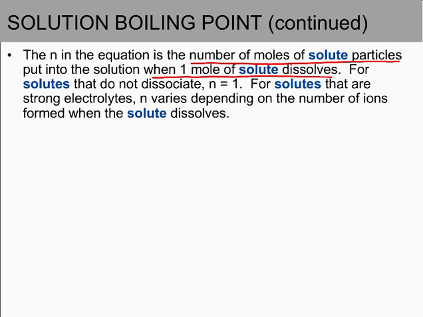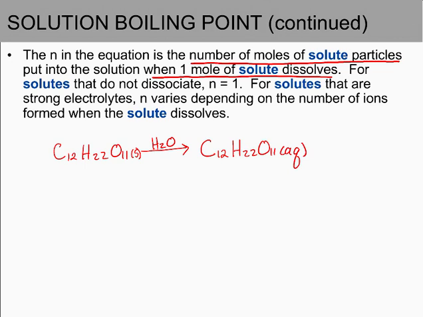So we said in a previous slide that sugar does not dissociate in solution. So if we add it to water, it goes from a solid to aqueous. But it does not turn into ions. So N equals 1 because there's only one product.